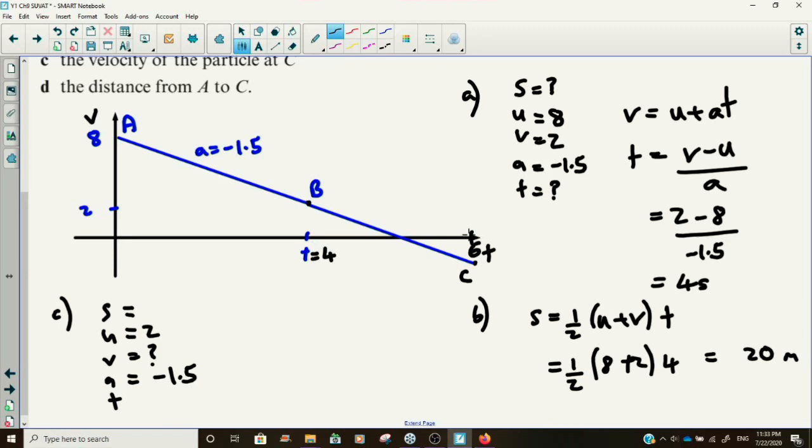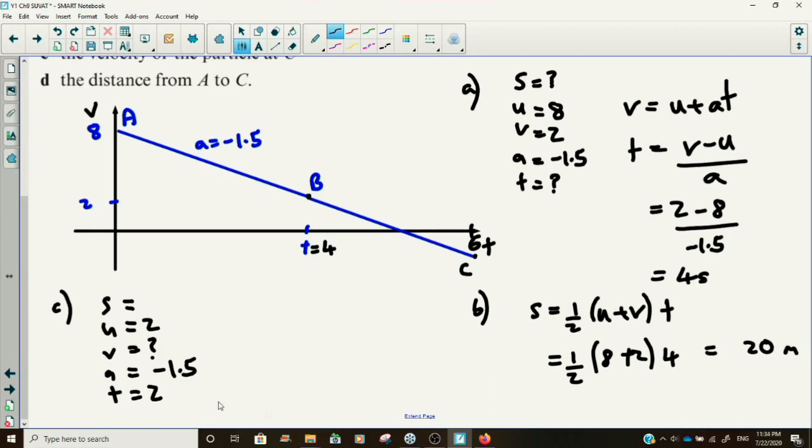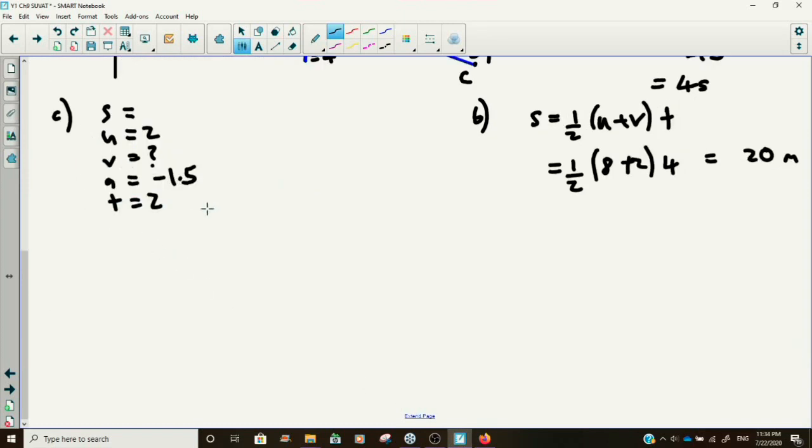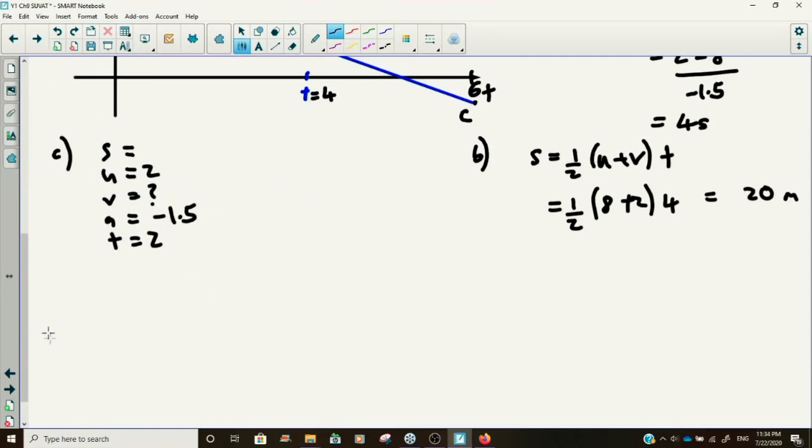And the time is 2 seconds. Okay, so try to work out v. So we're just going to use v equals u plus at. So that is 2 minus 1.5 times 2. So 2 minus 3 is minus 1.